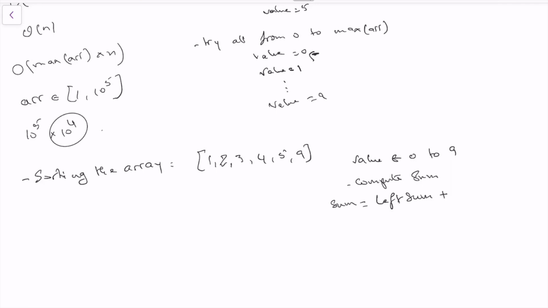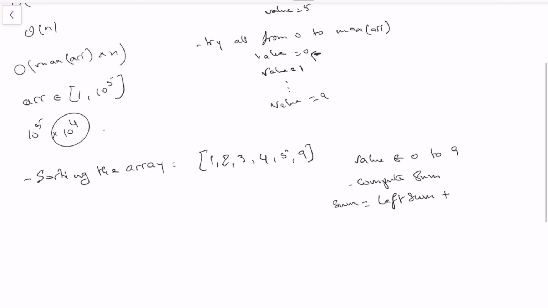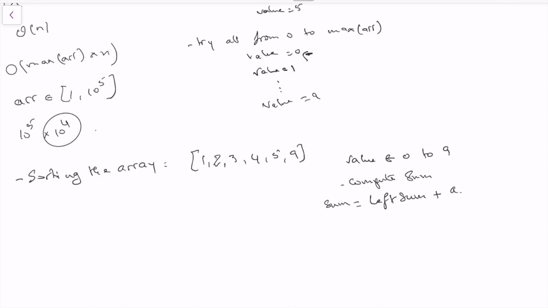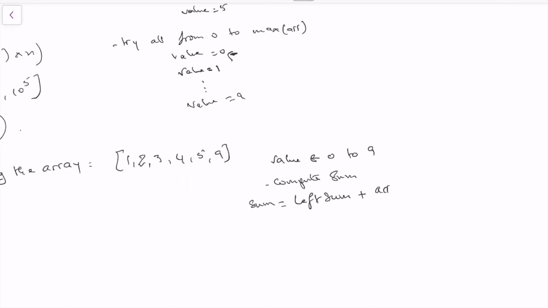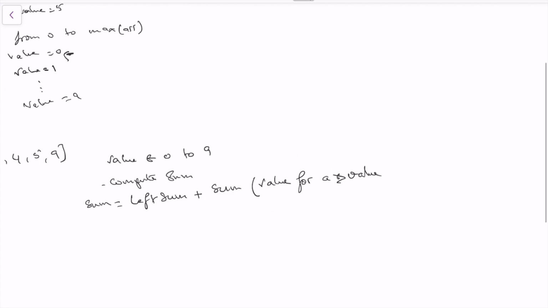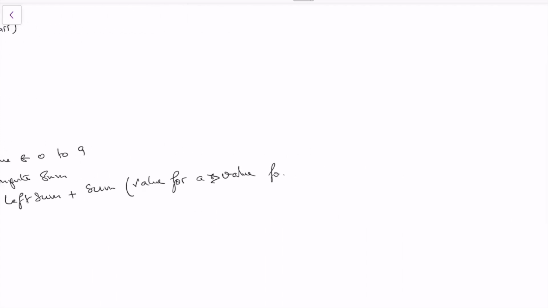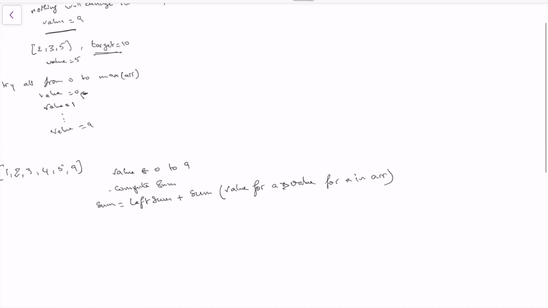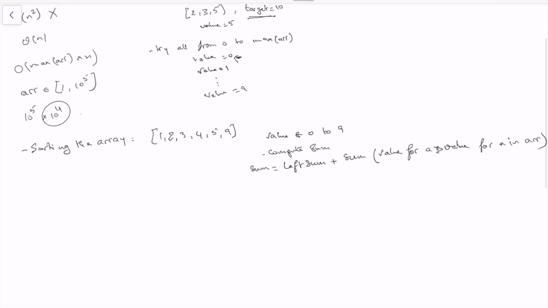And the rest that will get replaced because they are bigger than value would be the sum of value, for all a in the array bigger than value, right?